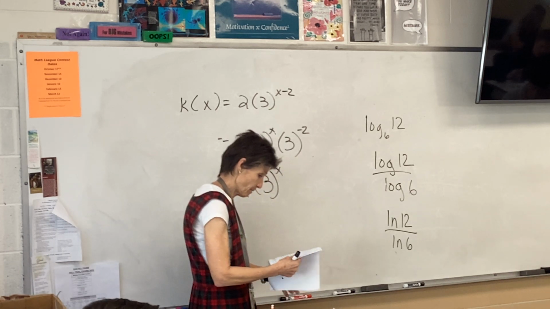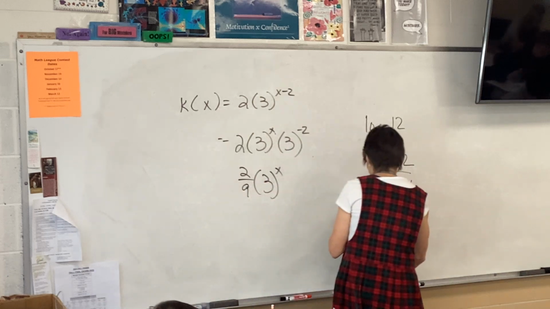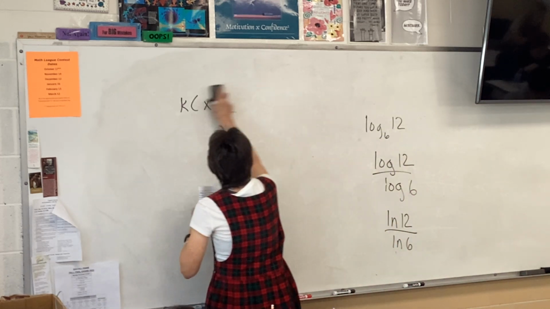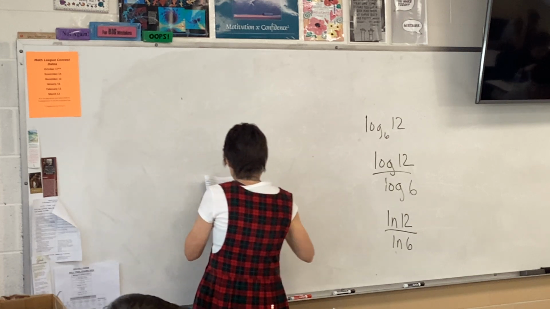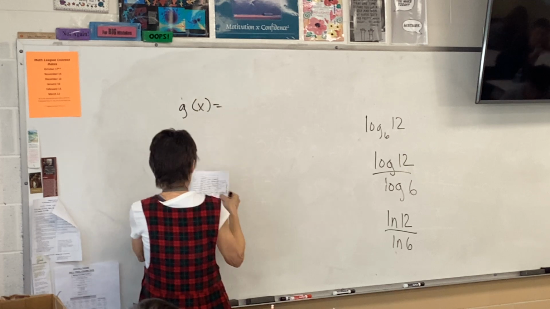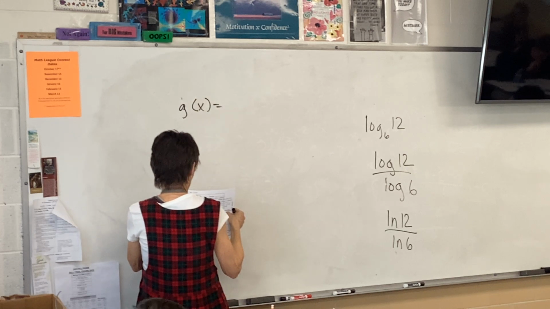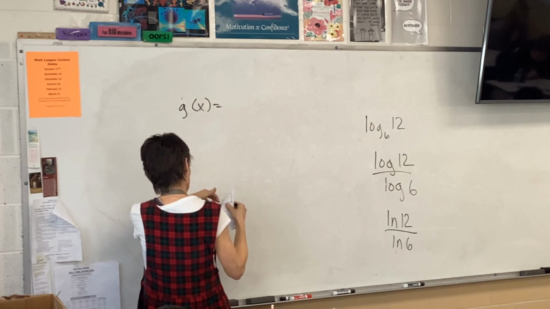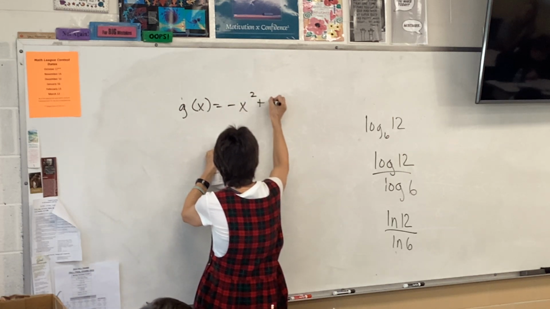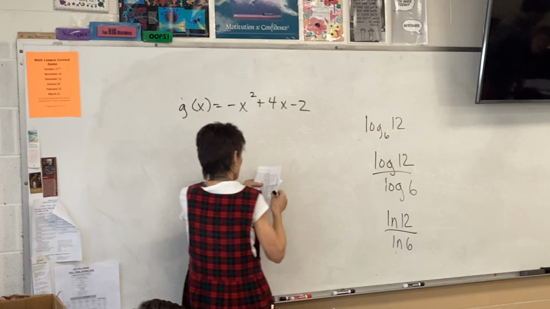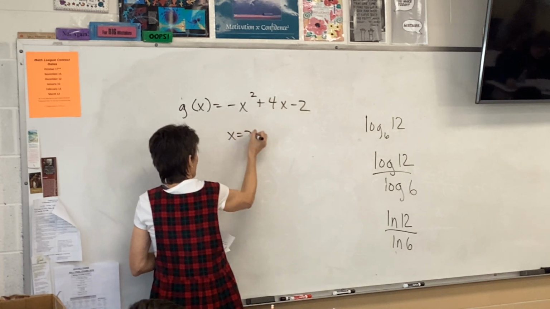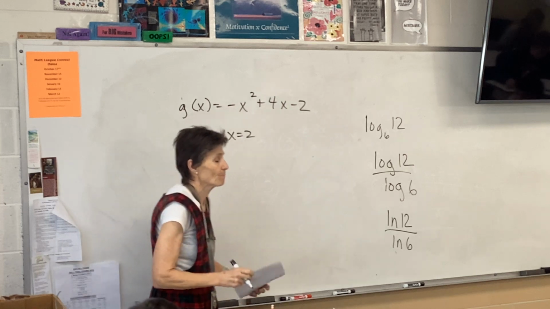1.2, number 4. From the instantaneous rate of change, what's g of x? G of x is negative x squared plus 4x minus 2. And we want to find the instantaneous rate of change at x equals 2.